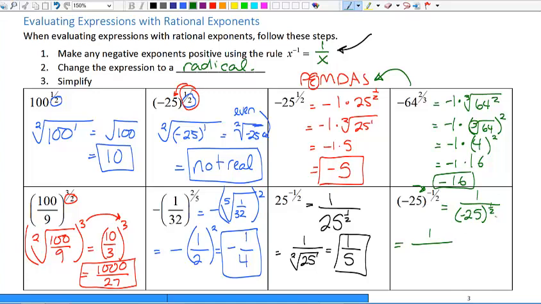I'm going to change that rational exponent into a radical expression. So I have the square root of negative 25 to the 1. Well, to the 1 really doesn't do anything, so I just have the square root of negative 25. And because the index is even, you are not allowed to take the even root of a negative, so this answer is not real.